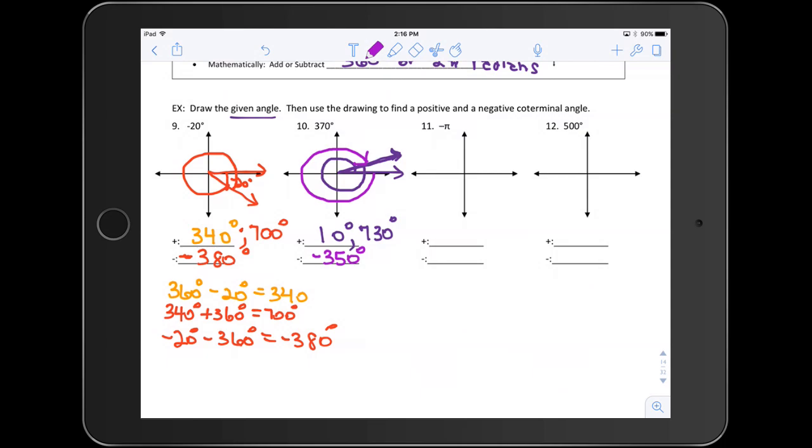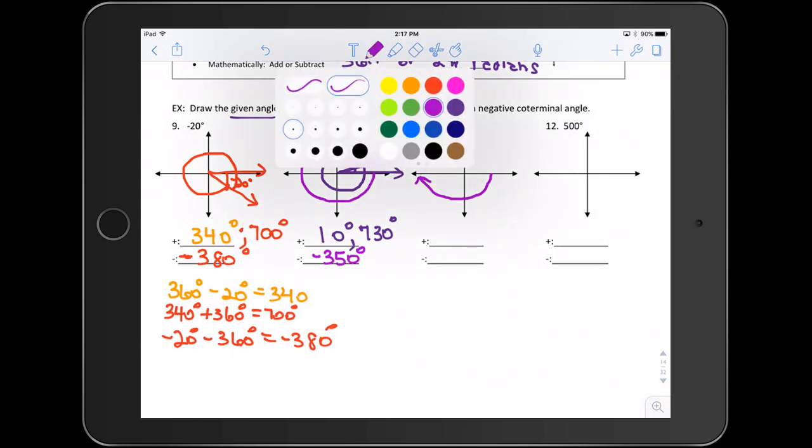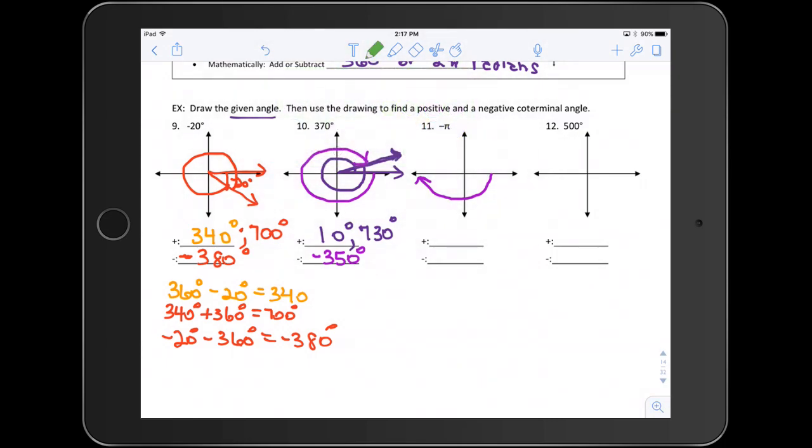So number 11, we're switching over to pi radians, and we have a negative there, so we're going to go clockwise to negative pi radians, which of course we know is the same thing as negative 180 degrees. The positive version of that is going to come from the initial side and go counterclockwise to that same position, and that is going to be pi radians.